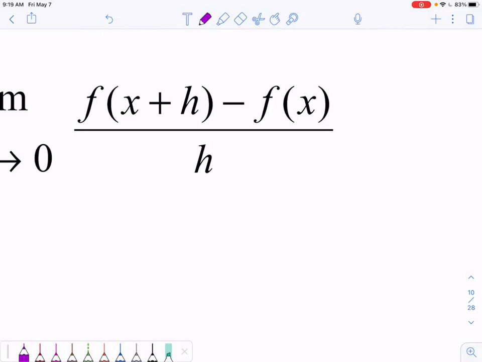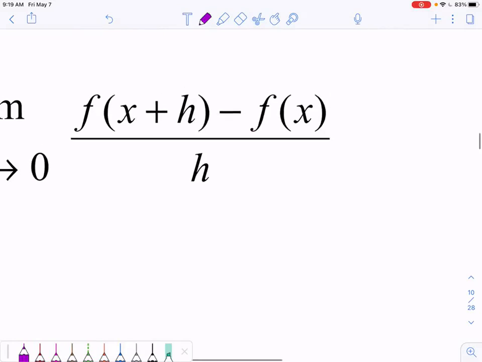Look a little familiar, maybe. We did this in chapter 1, way back at the beginning of the year. So chapter 1 would have been September, mid-September, after we did our prerequisite review. And this was called the difference quotient. And when we looked at it, I really did say that this is calculus. It was an intro to calc right away. So this form is called the difference quotient.